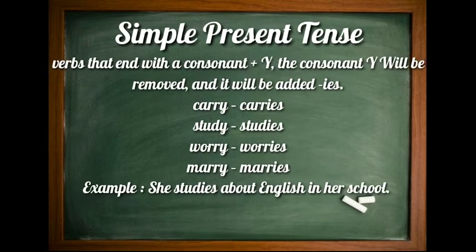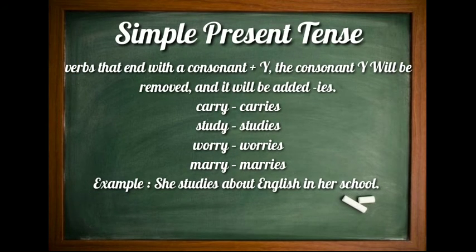Then, for verbs that end with a consonant plus y, the y will be removed and it will be added es. Now I want you to repeat after me again. Carry will be carries. Carries.